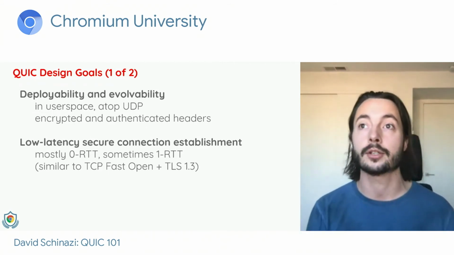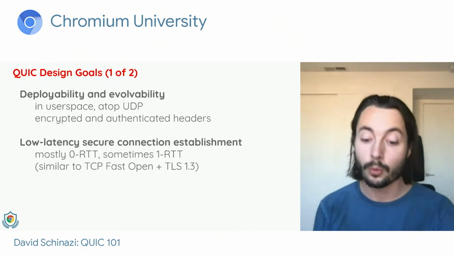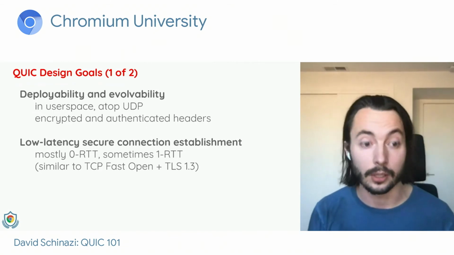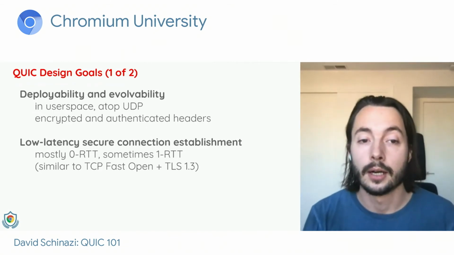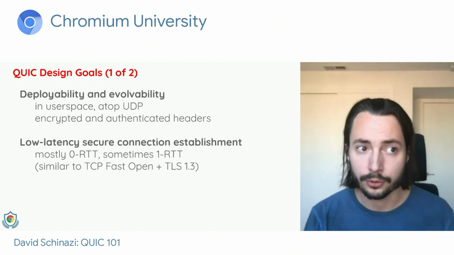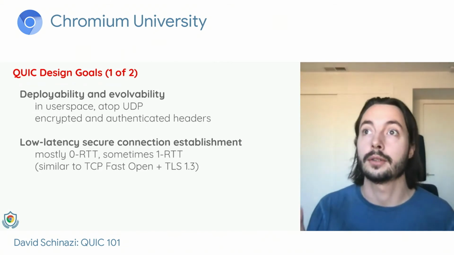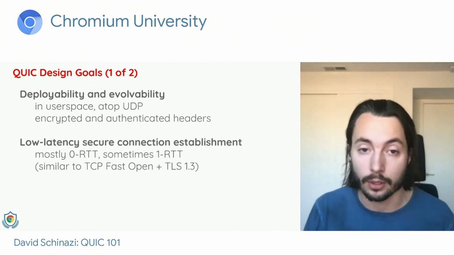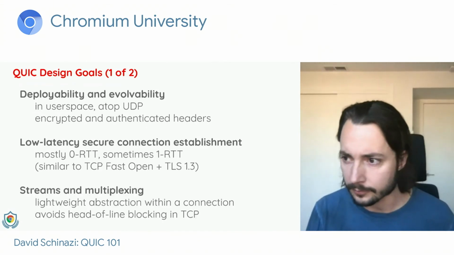You don't need to do that handshake. You will do the handshake, but you send the request kind of all alongside that handshake. And that makes a huge difference for users. And the higher their latency, the more of a win this is.